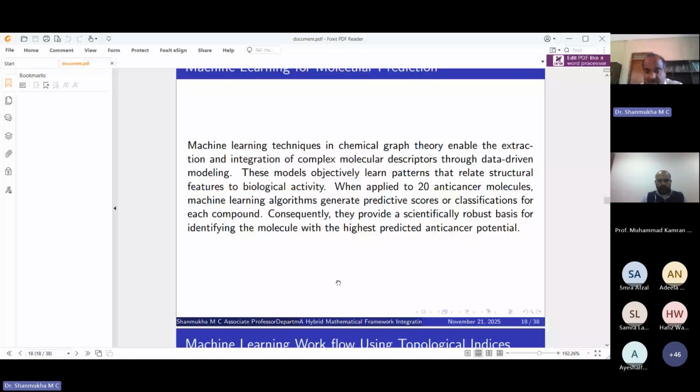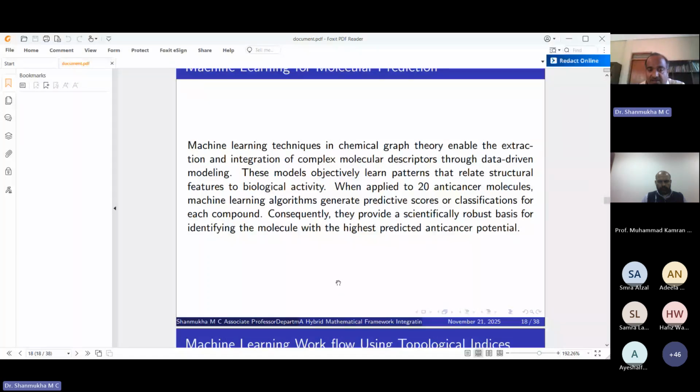Now, when applied to 20 anti-cancer molecules, machine learning algorithms generate predictive scores or classifications for each compound. Consequently, they provide a scientifically robust basis for identifying the molecule with the highest predicted anti-cancer potential.